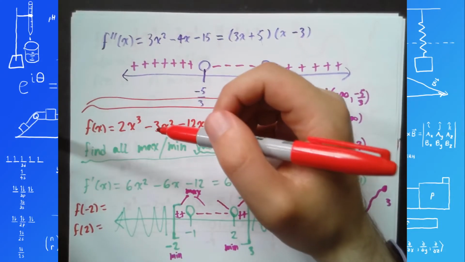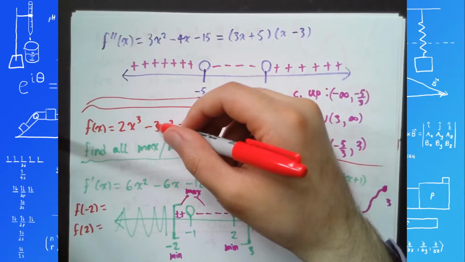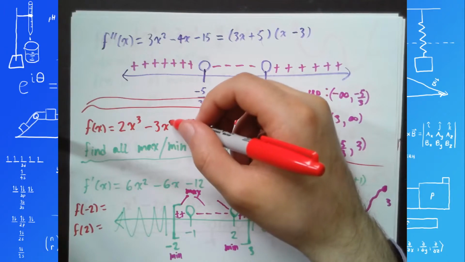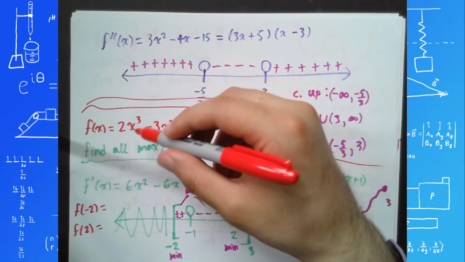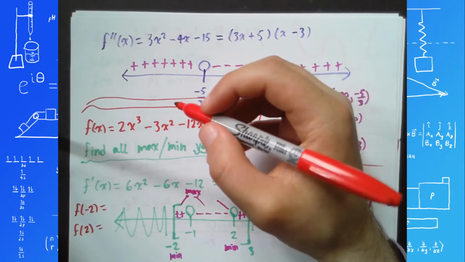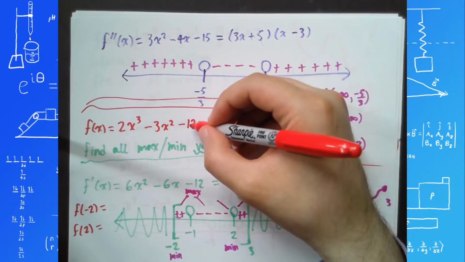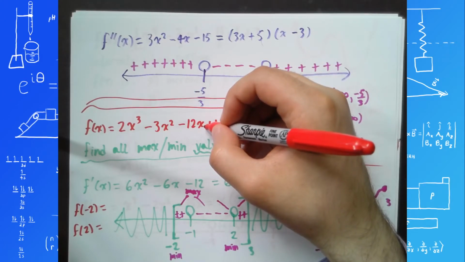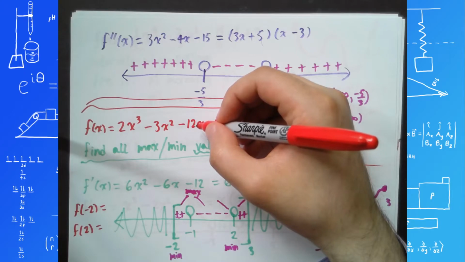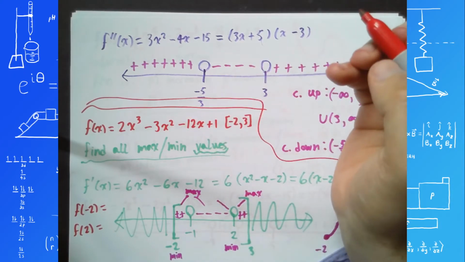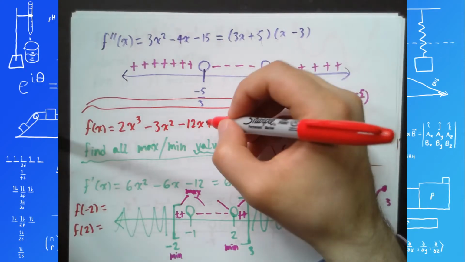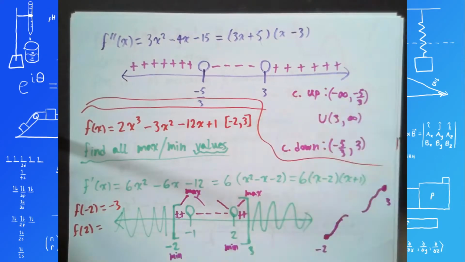And then we've got negative 16 minus 3 times 4. So negative 16 minus 12, that's negative 28 so far. Minus 12 times negative 2, so that's plus 24. Negative 28 plus 24 is negative 4, plus 1 is negative 3.